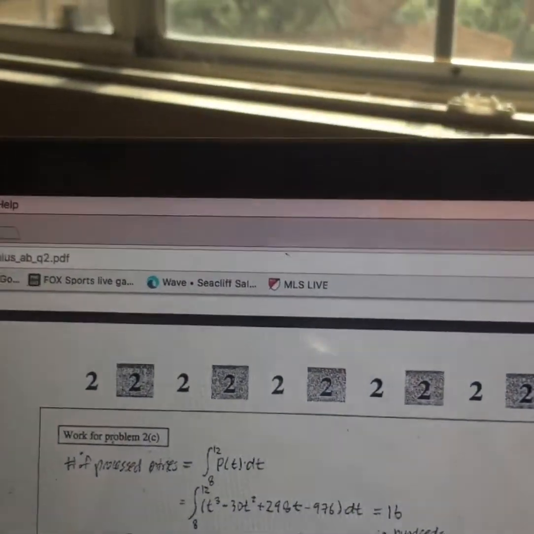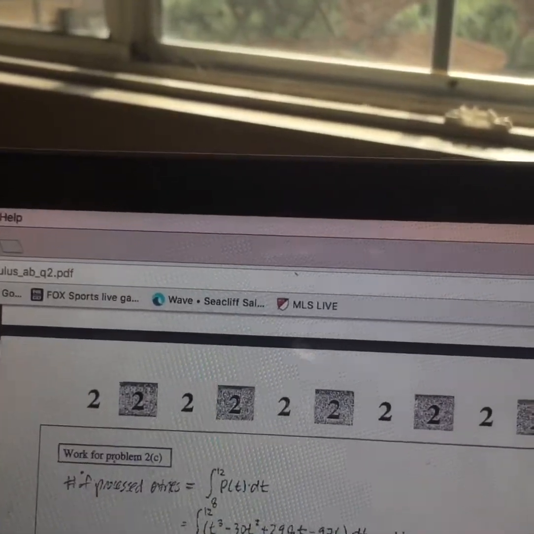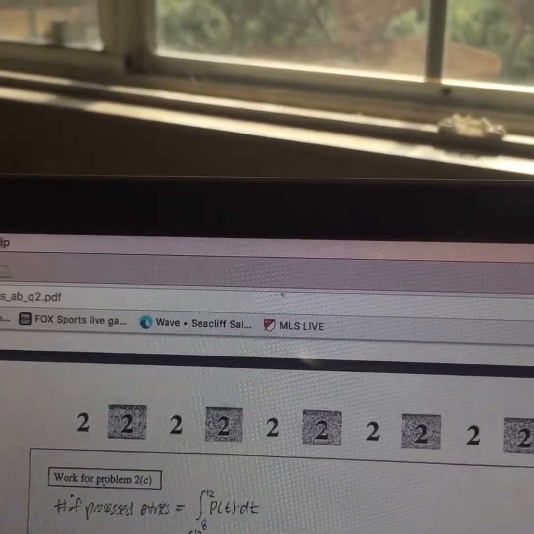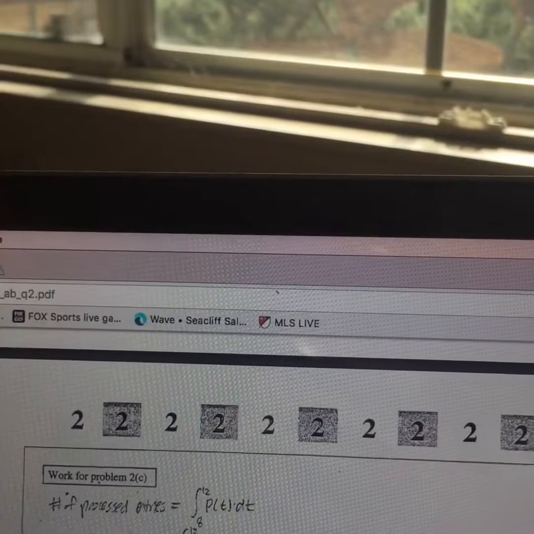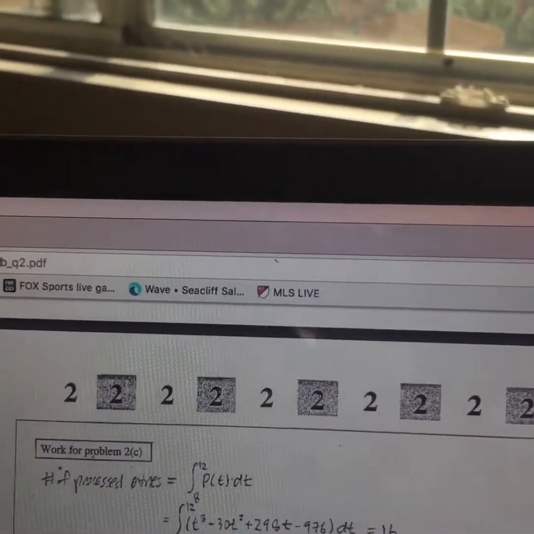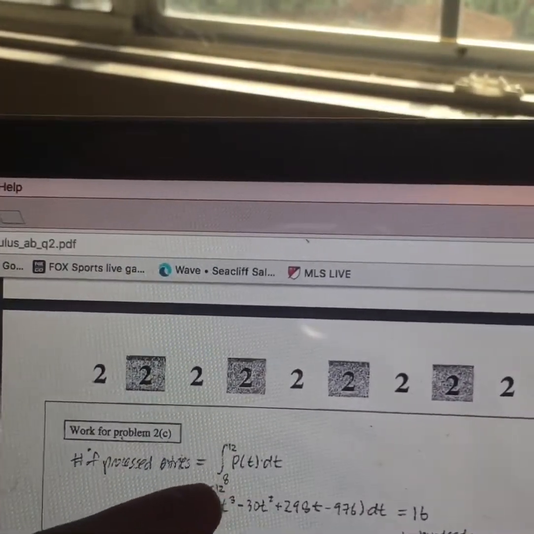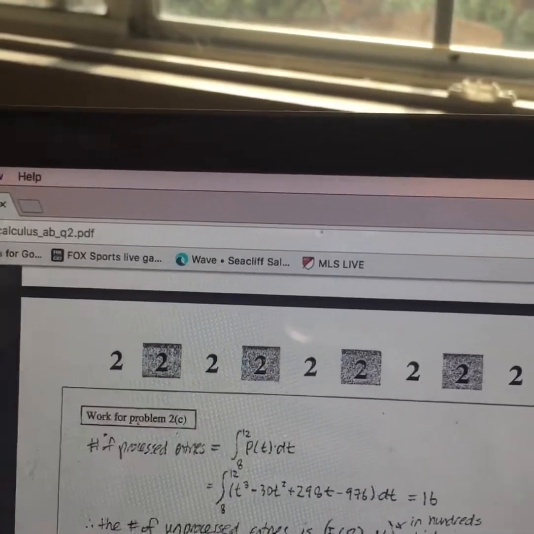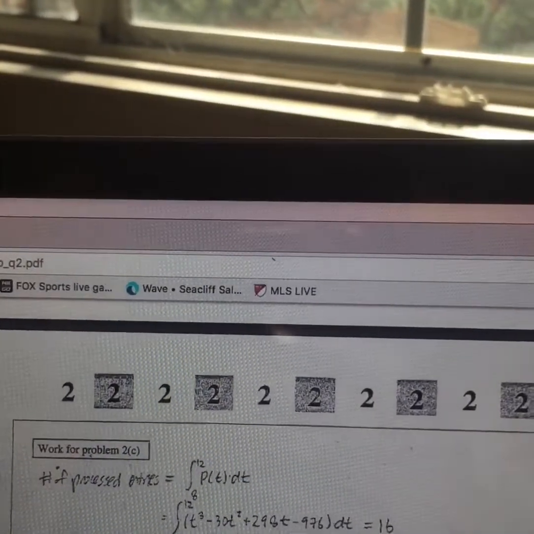Now we were looking at the sample student answers given on the AP Central website. For problem 2C, we looked at how they found the number of processed entries and then how many were left to process after midnight. So they did the same thing we did with this integral of p of t from 8 to 12 to figure out how many had already been processed.